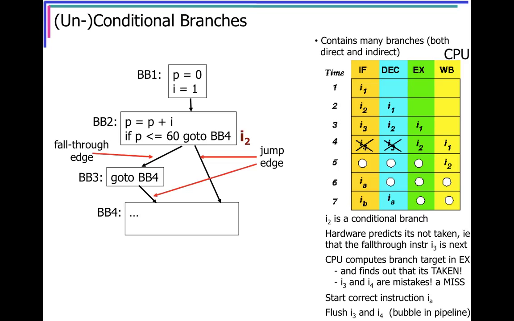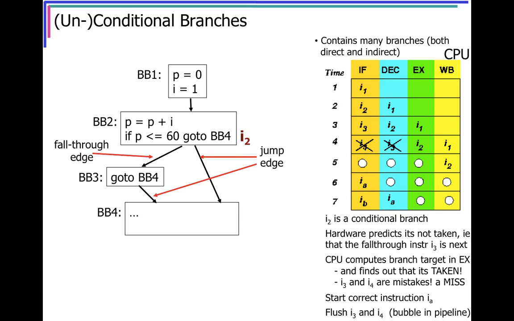However, in this case, we were wrong, and the jump edge was taken for I2. But we have brought in I3 and I4 incorrectly. So what we have to do now is flush the pipeline. This produces bubbles in the pipeline. This means we have to get rid of everything that happened after I2.